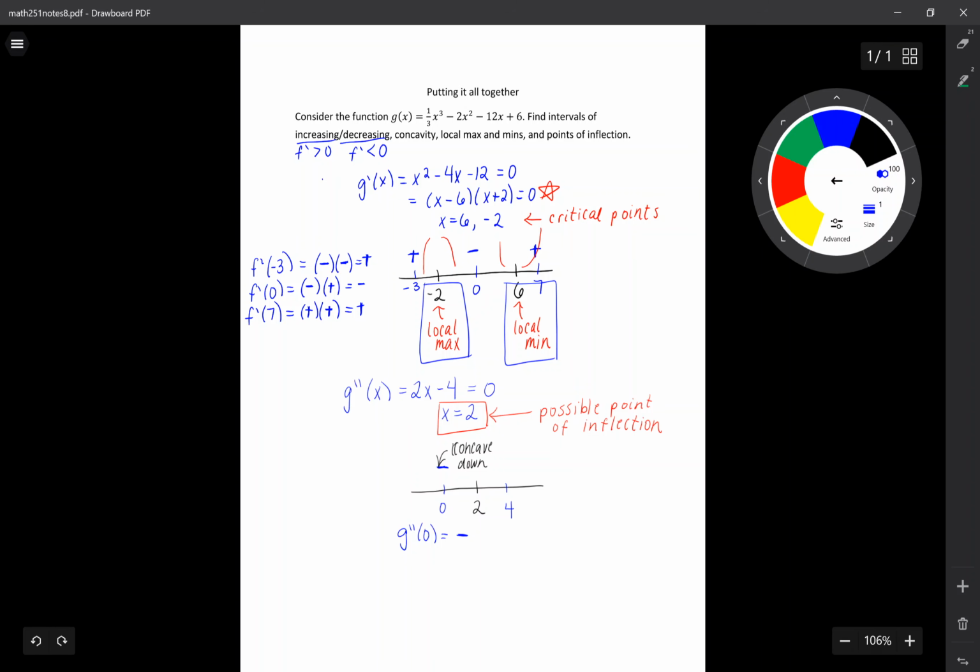And g double prime of 4 is equal to 2 times 4 minus 4, which is positive. This means that we are concave up. And this also means that x equals 2 is a point of inflection. So we can just call it a regular old point of inflection. So now if we really wanted to, we could draw a pretty good graph of this function.